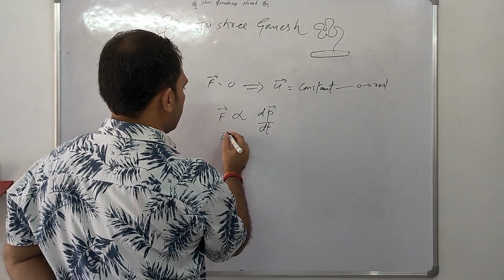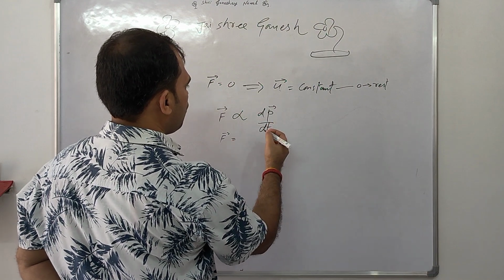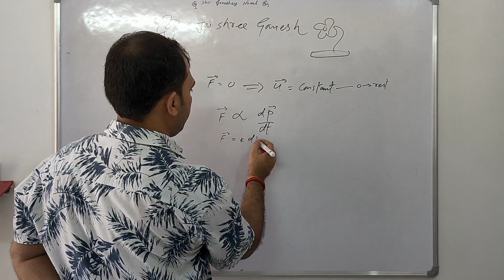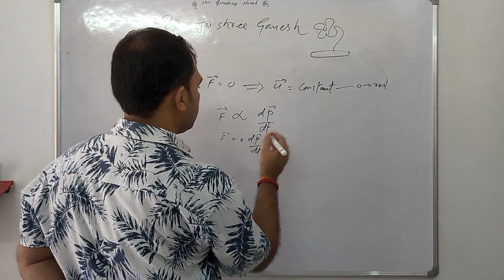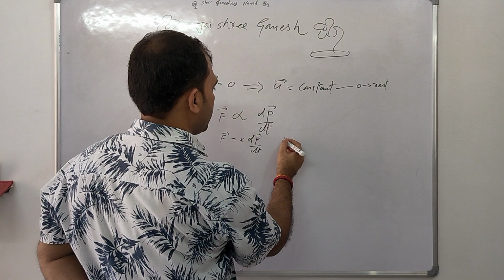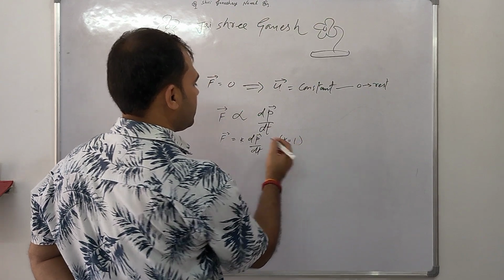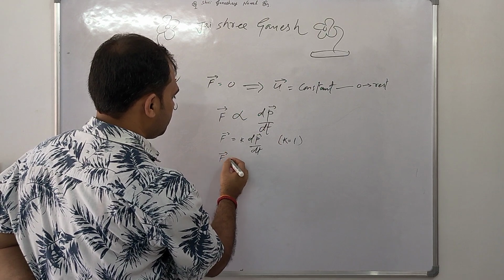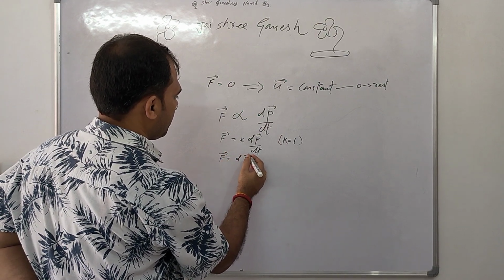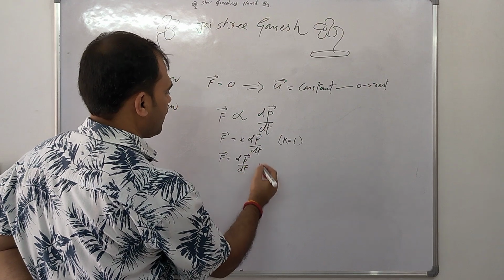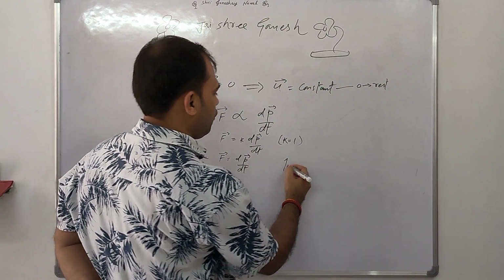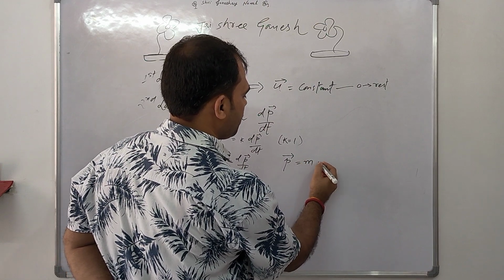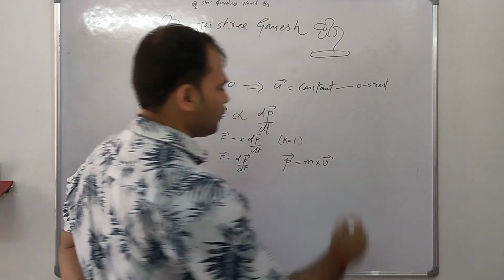We can write it as F is equal to some constant into dp by dt, as the proportionality constant will be equal to 1 here. So F will become dp by dt. Further, we know that momentum p is equal to mass into velocity.